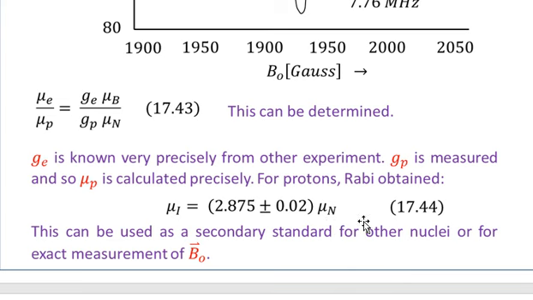So equation number 44 provides you a secondary standard. This can be used as a secondary standard for other nuclei or for exact measurements of a B naught. So we can use equation number 44 for other nuclei as a secondary standard, or we can use this equation in order to measure the value of a B naught.